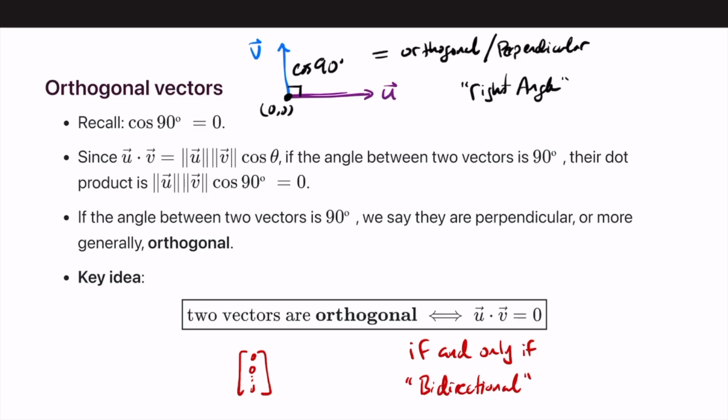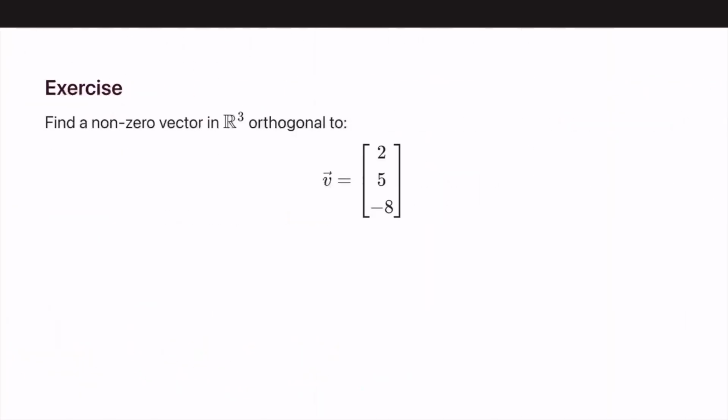And one quick thing that we can do, just as a refresher: find a non-zero vector in three-dimensional space which is orthogonal to the vector 2, 5, -8. And there are, of course, infinite possibilities for this, because we're really just trying to solve for solutions to x1 times 2 plus x2 times 5 plus x3 times -8 equals 0.